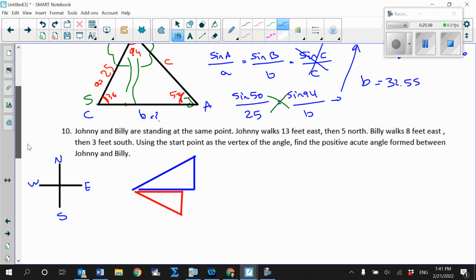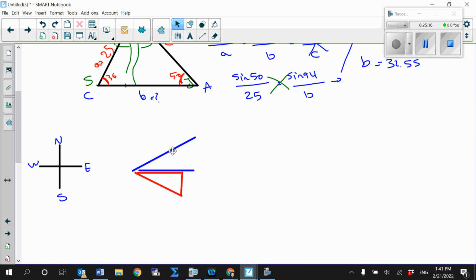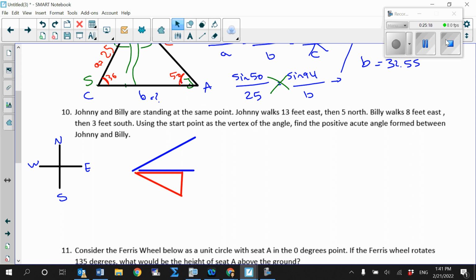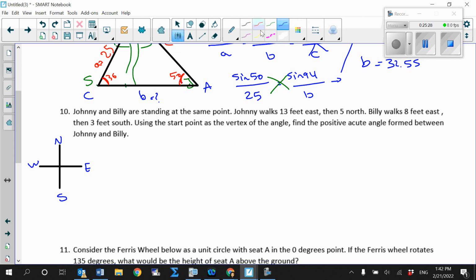Okay, let's go to this question. I'm going to erase these. Okay, Tony and Billy are standing at the same point. So let's say here we have Johnny, and Billy is also standing next to him right here.